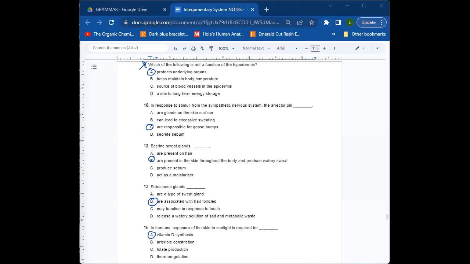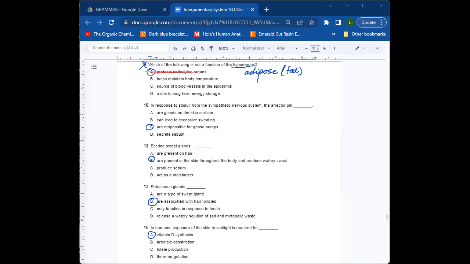What kinds of cells? Anytime you think hypodermis, you should think adipose. Adipose fat cells. So really, we need to see, well, what are the purposes of fat? Does fat protect the organs underneath? No, ma'am. It helps maintain the body temperature.